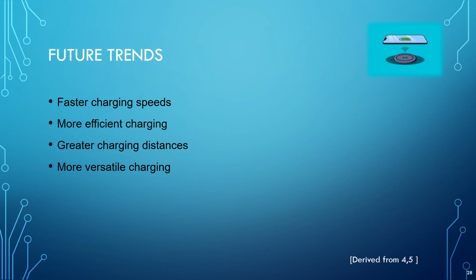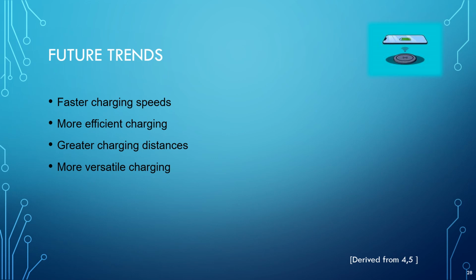That is faster charging speeds. We can expect faster wireless charging speeds in the future. Currently, wireless charging works at a range of 5 to 20 watts. But the maximum speed capable of wired charging is up to 210 volts, I think. And then more efficient charging and greater charging distances.